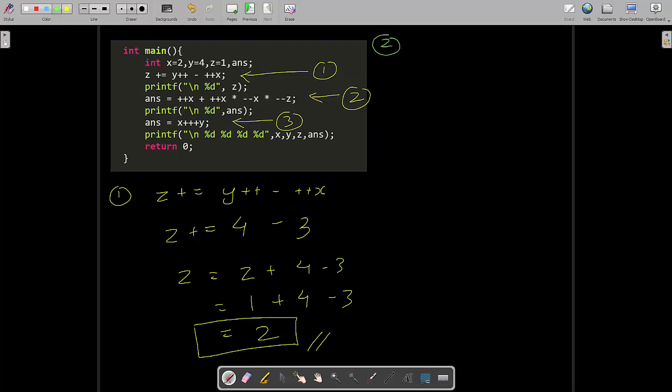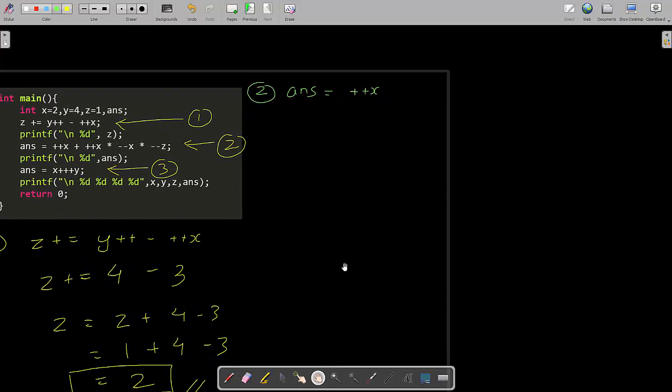Now let us do it for the second expression. The second expression says answer is equal to ++x plus ++x plus ++x into --x into --z.